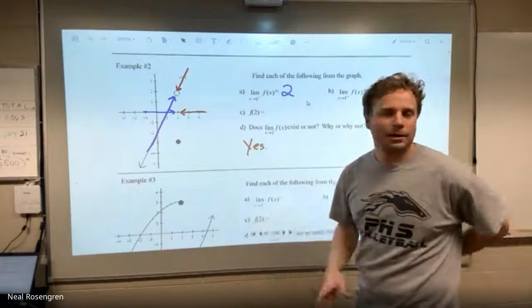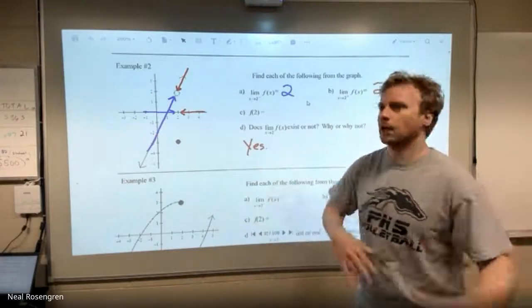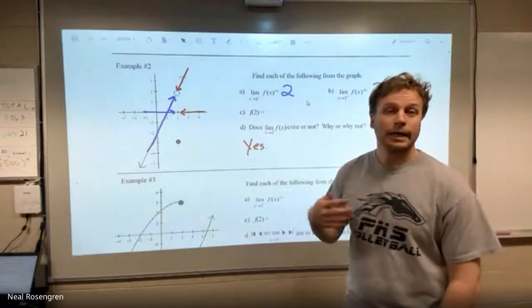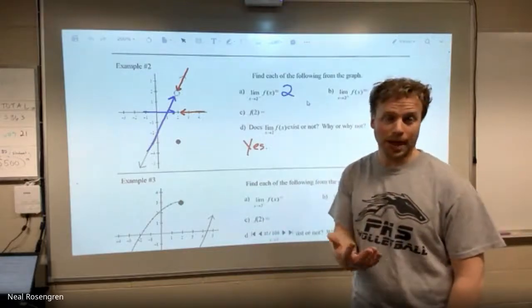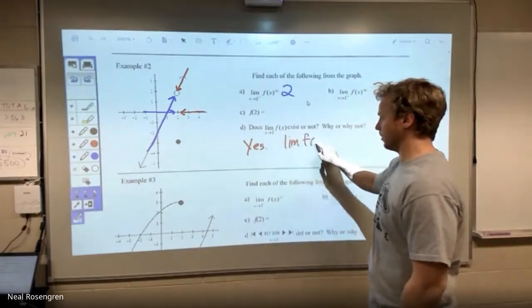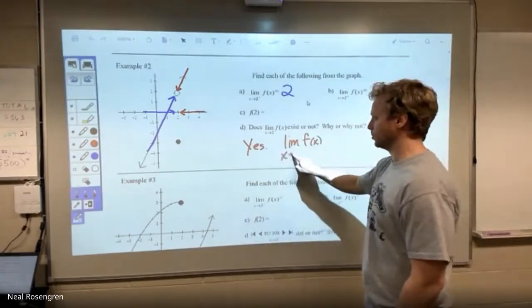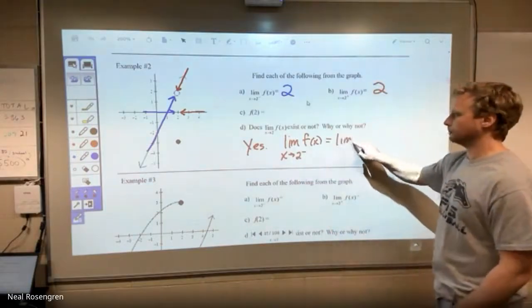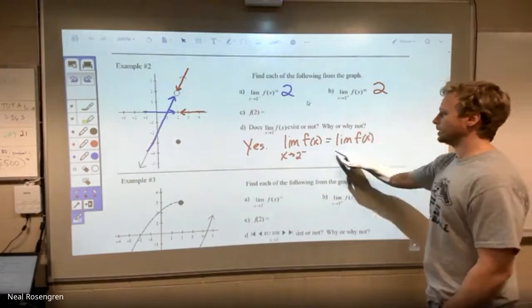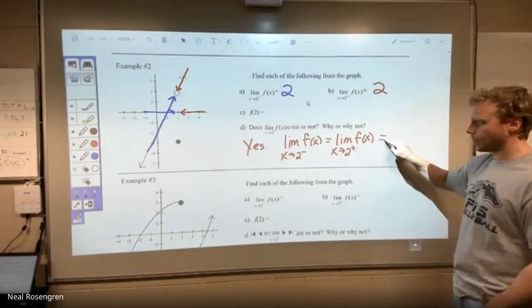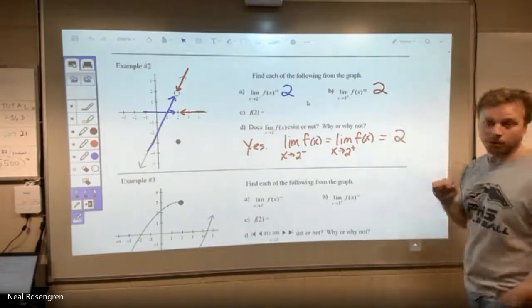And I know that last time we used words, right? We said, because this, and we actually just wrote it out in English. You can say it in calculus as well. You can say, hey, yes, because the limit of f of x as x approaches 2 from the left is the same as the limit of f of x as x approaches 2 from the right, and they are that number right there.